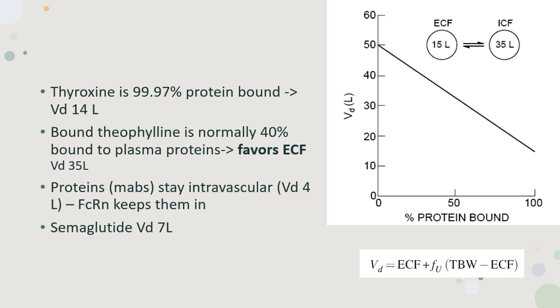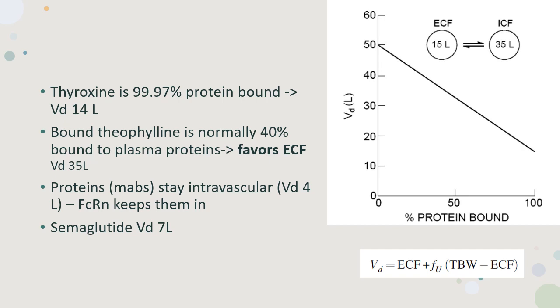Now, theophylline, which is like caffeine in structure, is only like 40% bound to plasma proteins, which means, like caffeine, you would think it could go throughout the whole body and would have a 50-liter volume of distribution, but instead it favors the extracellular fluid.